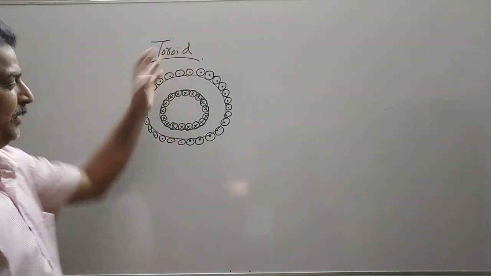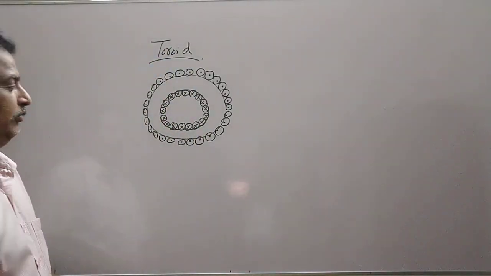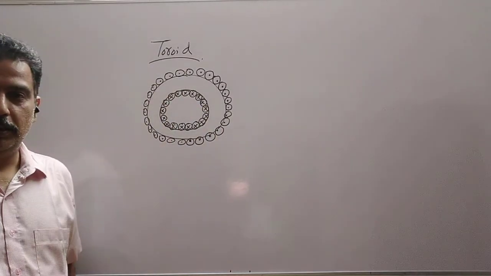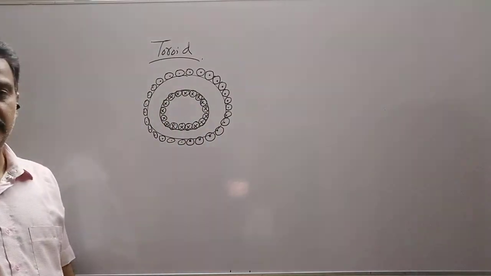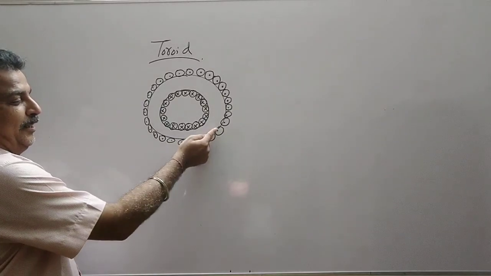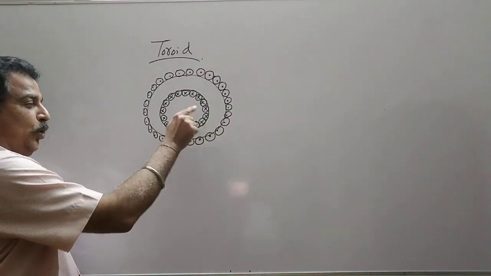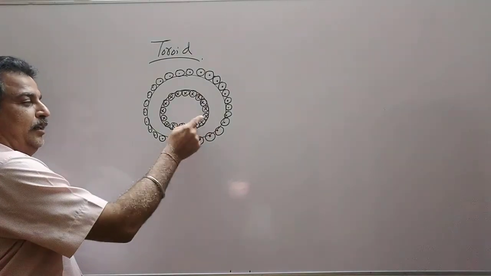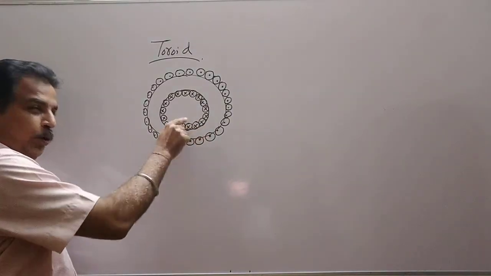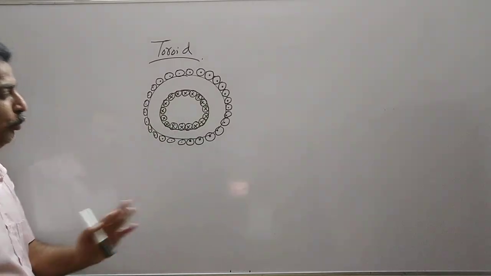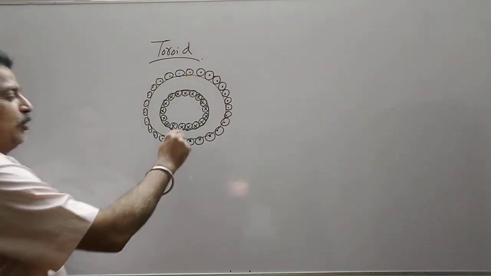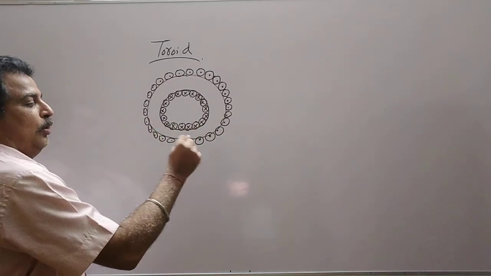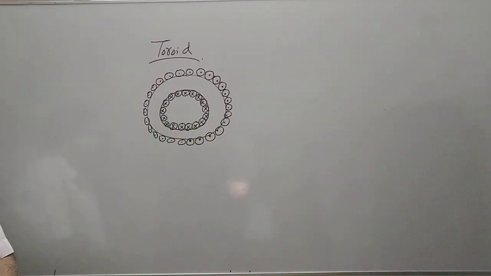Now let us represent the toroid where the current is going in and current is coming out. So we have circular turns. Like this, current is coming out, going in, coming out, going in, then coming out, going in from the neighboring loop. So this is a toroid where the cross indicates the current going in and the dot shows the current coming out.